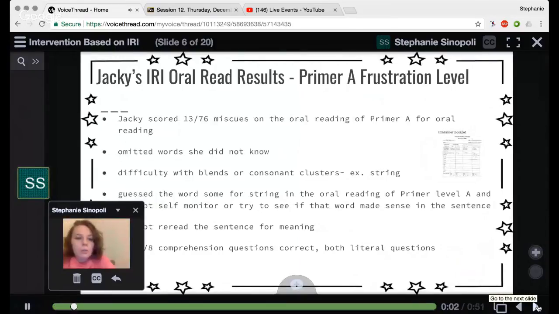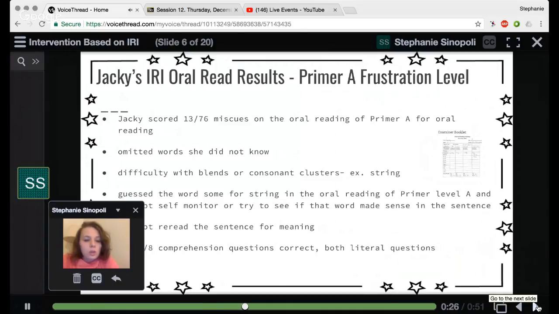Here are Jackie's informal reading inventory oral read results. She scored a frustrational level in primer A. She had 13 miscues out of 76 words on the oral reading of primer A. Jackie omitted words and had difficulty with blends or consonant clusters, for example, string.